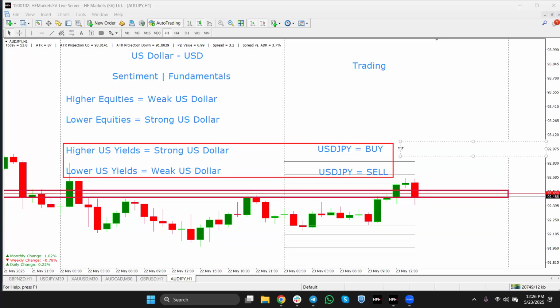And if we see lower US yields weakening the US dollar, we should actually see some higher gold prices. But that connection might not be as strong as it used to be anymore. Why? Because recently we've seen a lot of factors being major drivers for the movement of gold prices right now.